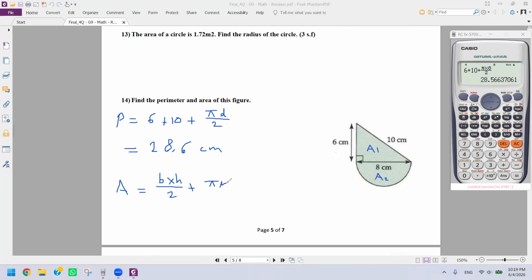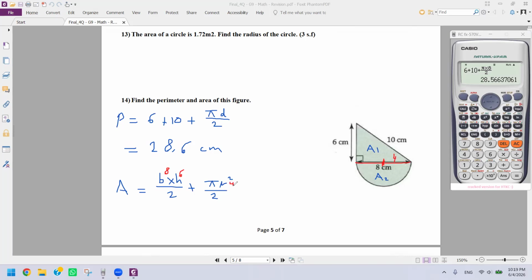Pi r squared, but over 2 because this is a semicircle, half of it. Let me do the substitution in red. The base of the triangle is 8. The height of the triangle is 6 over 2. And what is r? Look, the diameter is given 8. R is half of it, which is 4.